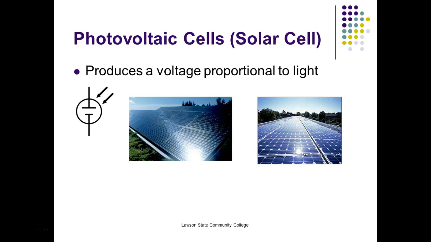So sources in series, what do we get when we hook sources in series? More voltage. What do we get when we hook them in parallel? More current. Okay, y'all understand that? So this is what they do. They hook them in series to get the voltage they need, then they hook them in parallel to get the current they need. So this is why you'll see these solar panels.